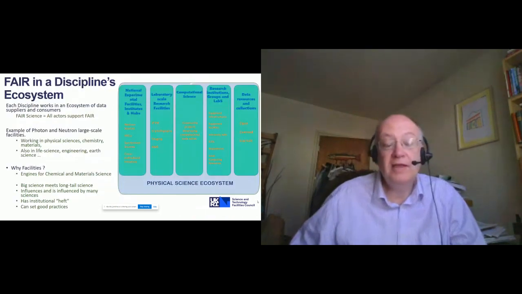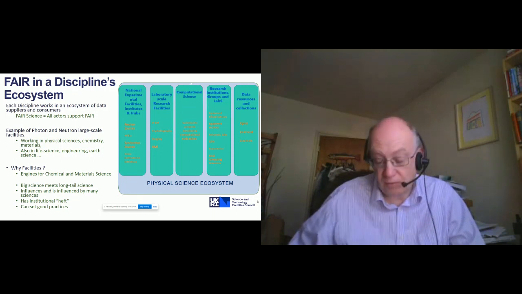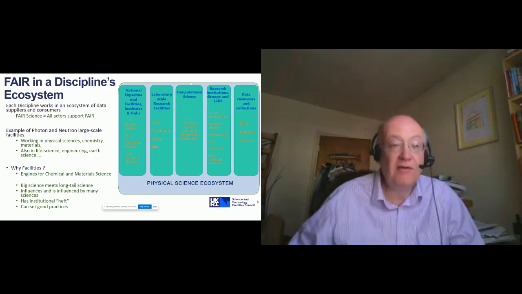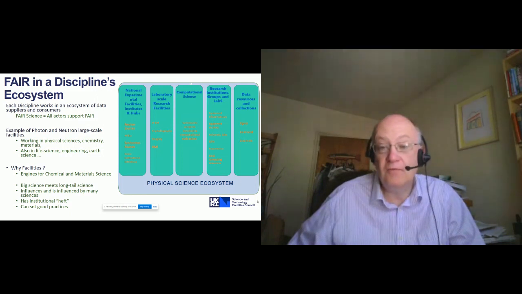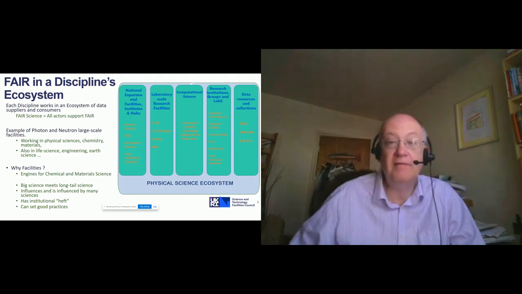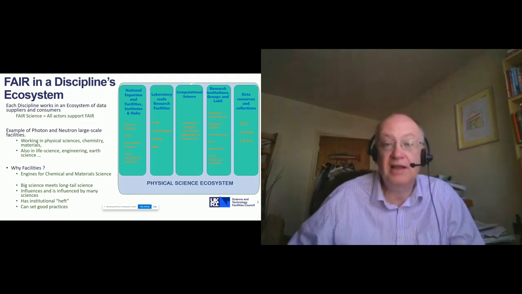And we're working in an ecosystem. So a discipline will typically have a very complicated ecosystem of different actors and stakeholders, all of which are data suppliers or data consumers. So, for example, in a physical science ecosystem, we're typically looking at big facilities like ours, and institutes and hubs, cross-institutional initiatives.